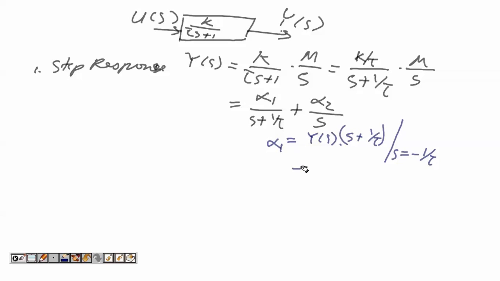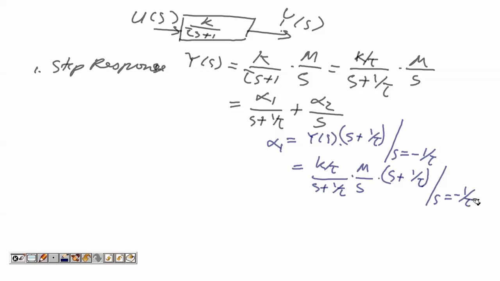This means that K over tau, s plus 1 over tau, M over s, times s plus 1 over tau, set s to minus 1 over tau.